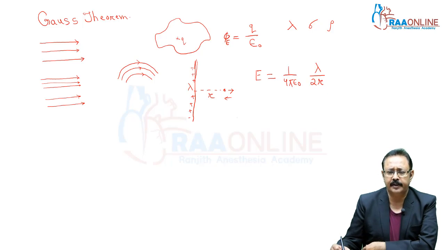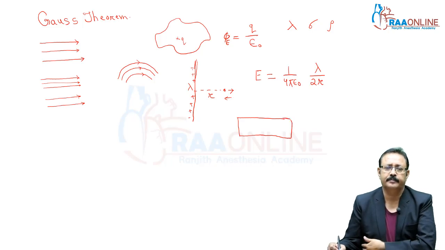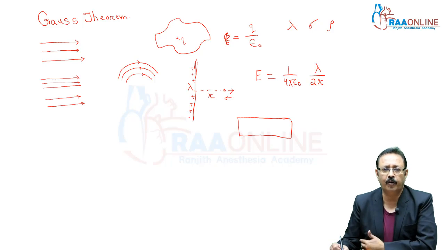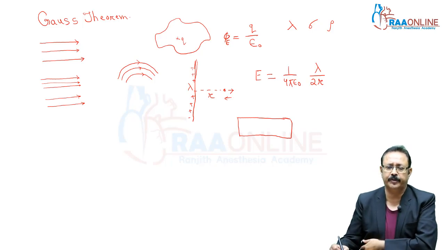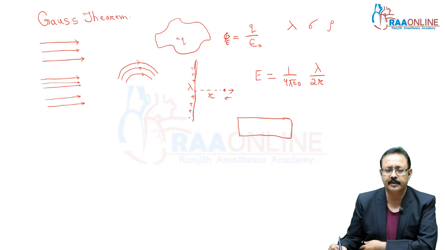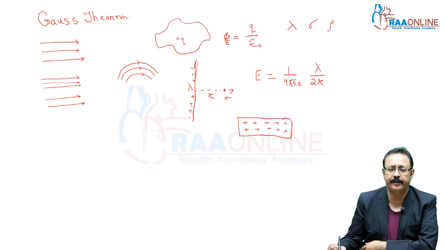Areal charge density and electric field near a sheet of infinite uniform charge distribution. Suppose the charge density of this infinitely charged sheet is sigma, meaning the sheet is of infinite dimension but the charge density is the same everywhere.